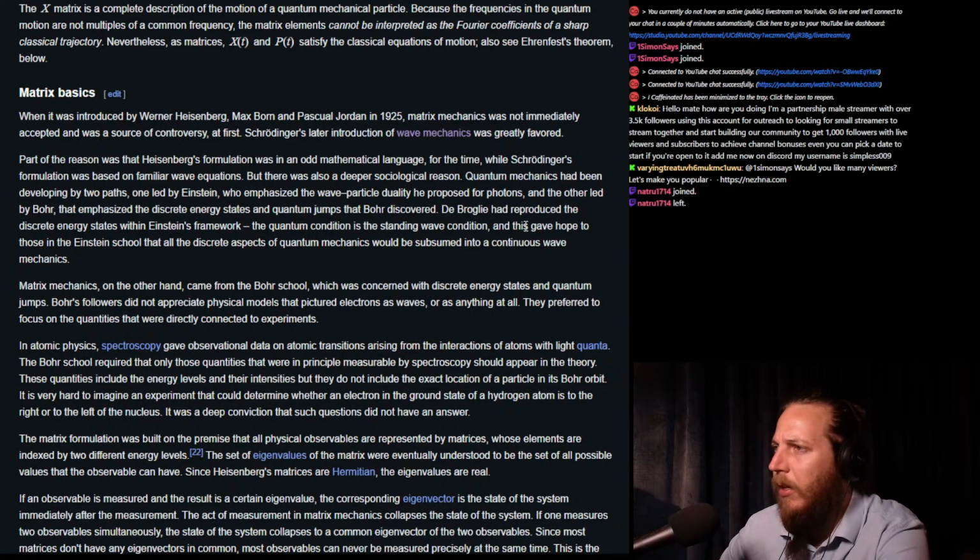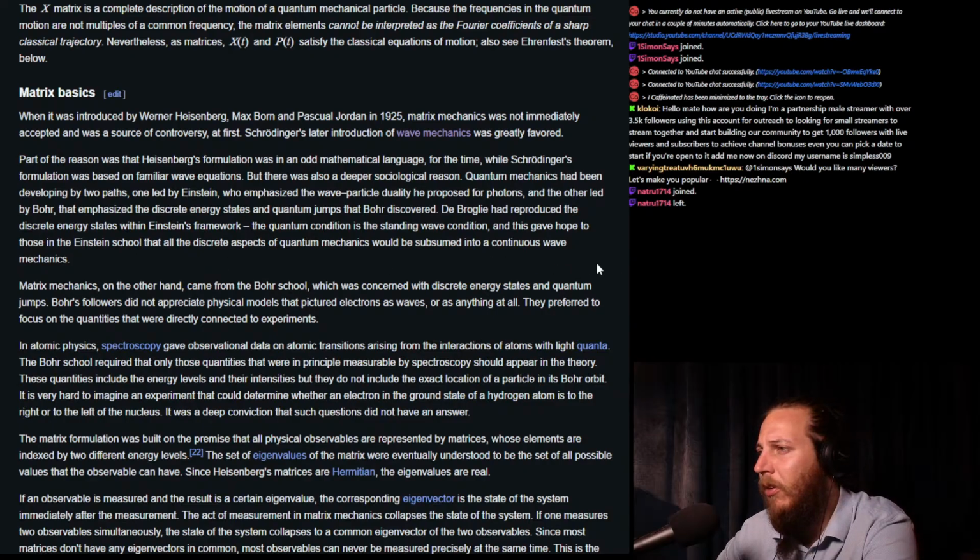De Broglie had reduced the discrete energy states within Einstein's framework. The quantum condition is the standing wave condition, and this gave hope to those in the Einstein school that all the discrete aspects of quantum mechanics would be subsumed into a continuous wave mechanics.